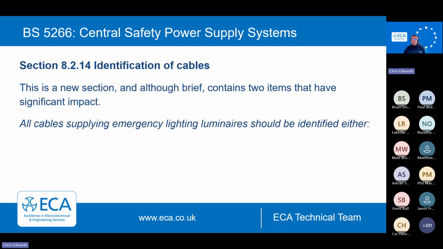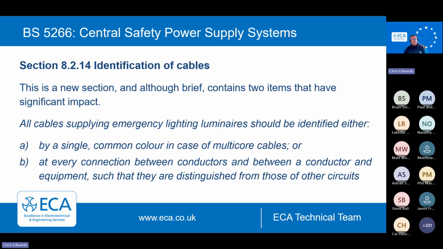Again, this is still for central safety power supply systems, and it now tells us that the cables for these systems need to be identified by a common color or some other means.